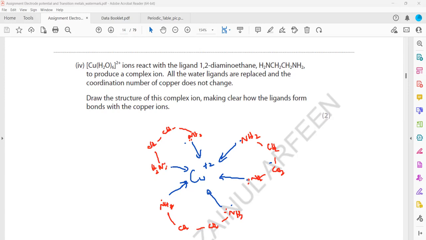So the idea is that two of the bonds are into the plane, two are out of the plane, and two are in the same plane. So you should represent that as well. If you are drawing an arrow for the dative bond, you can also show that the bonds are in different planes. You can represent some of them by the wedge, some of them by the dash.